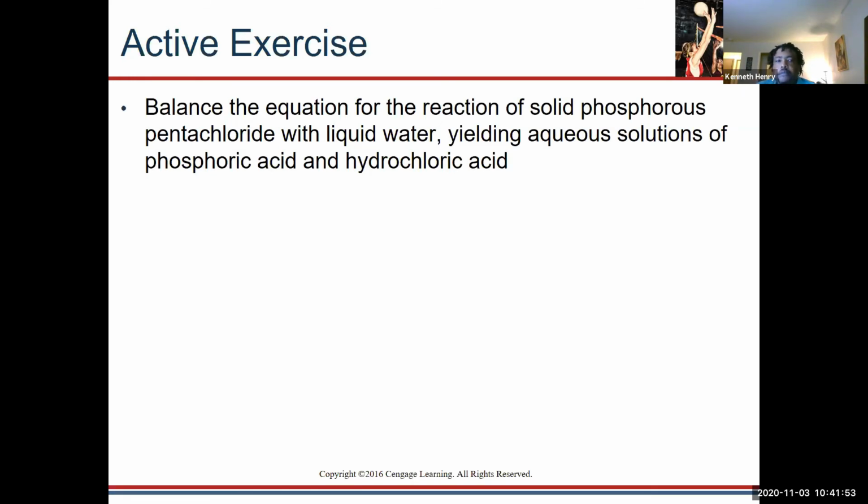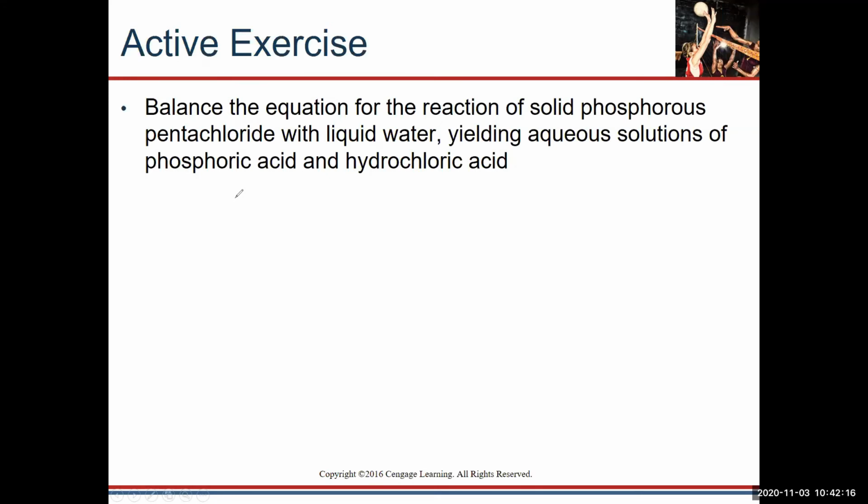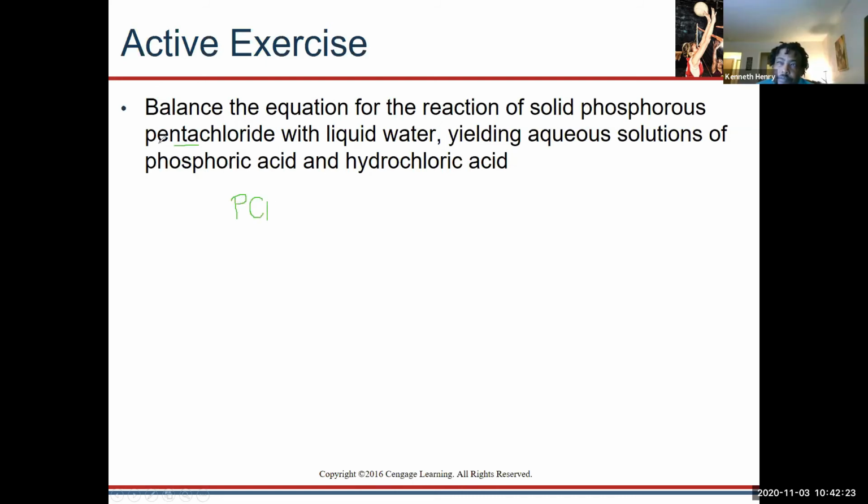Okay, what are my reactants? Phosphorus pentachloride. Okay, and what is the chemical formula for phosphorus pentachloride? PCl3. Penta? 5.